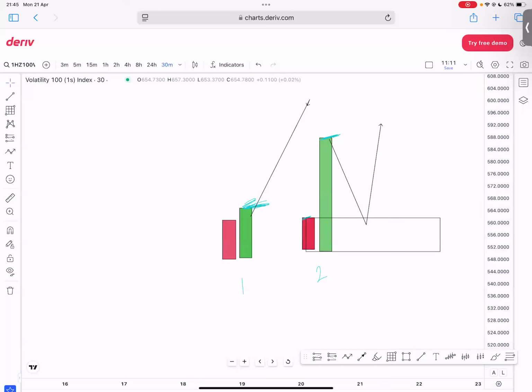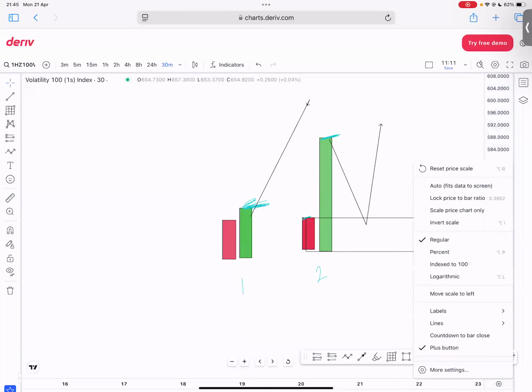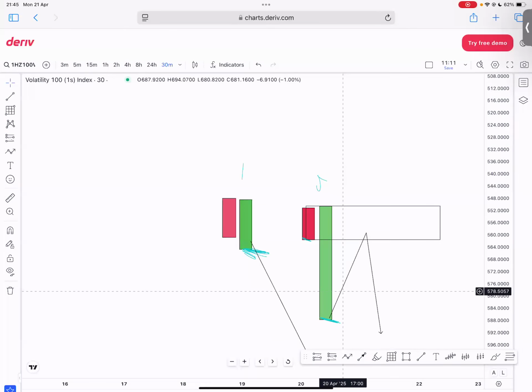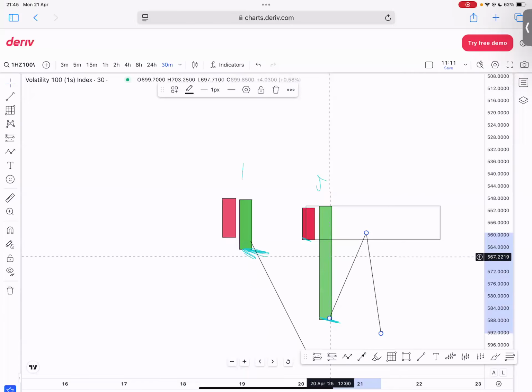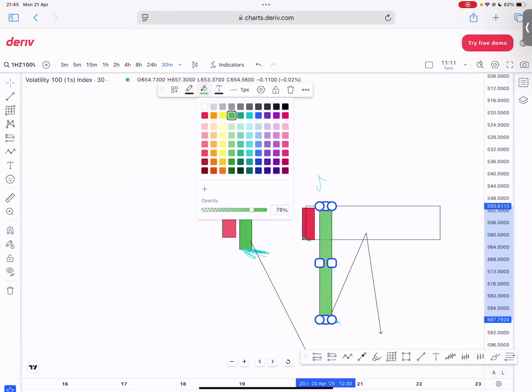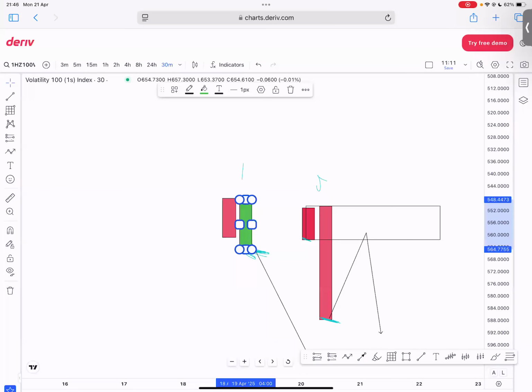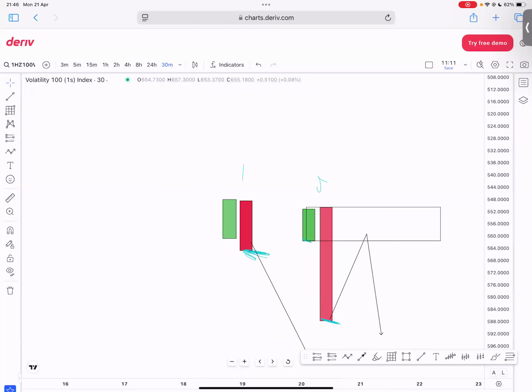And then even when it's an inverse, say in cases where we have something just like this, where it's a bearish engulfing candlestick.